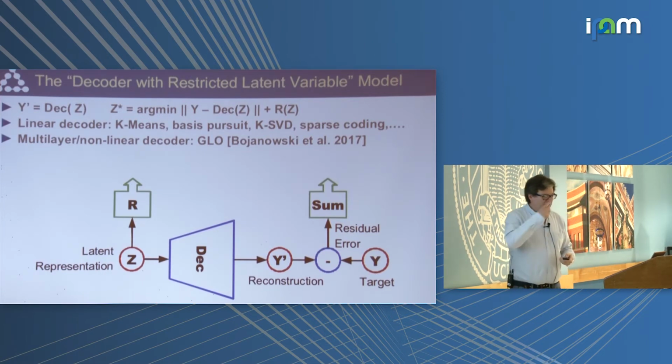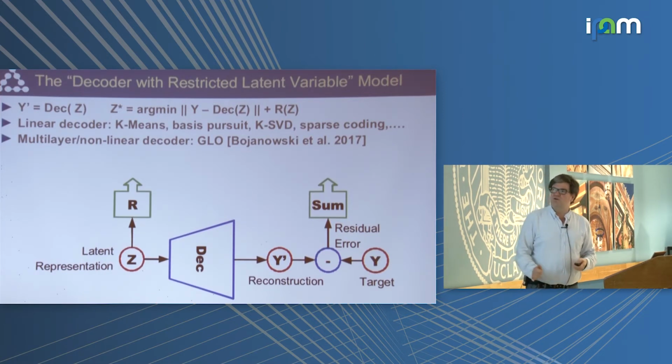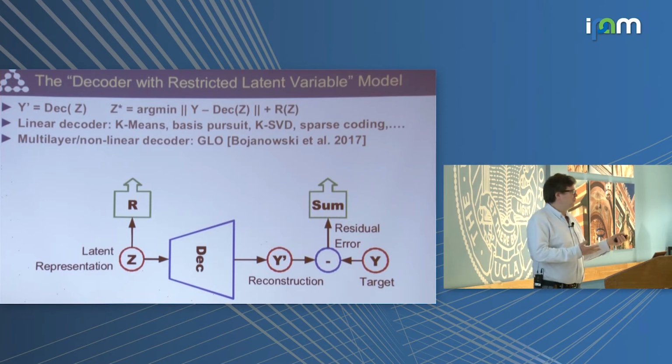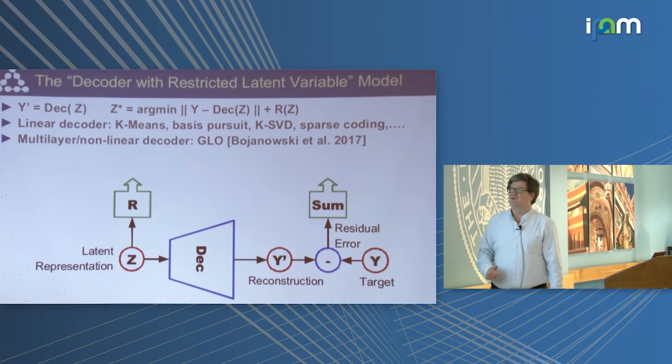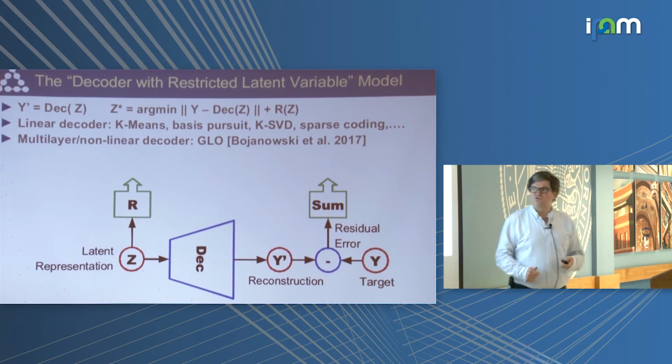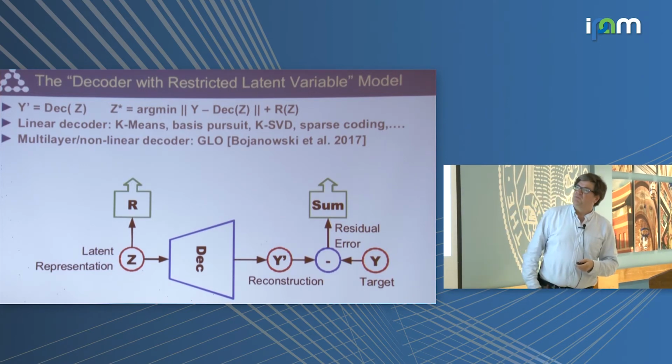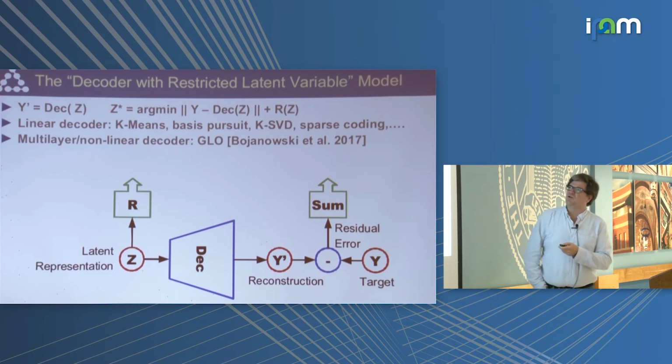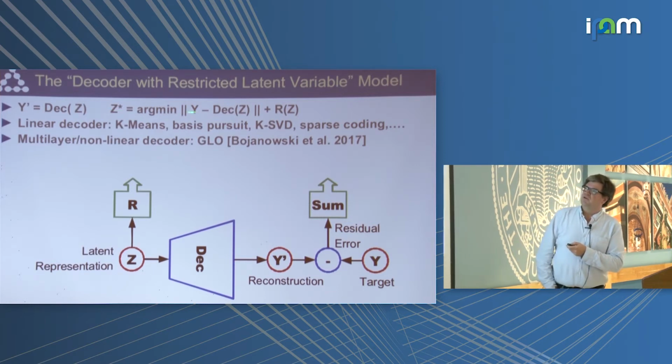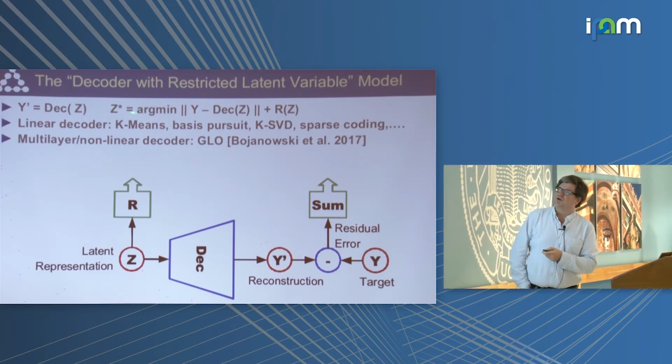Okay, so the decoder-only approach. An example of this is the GLOW system, or algorithm, that Arthur just talked about. But a much simpler version of it is just sparse coding. So in sparse coding, you have the sort of generalized sparse coding, if you want.